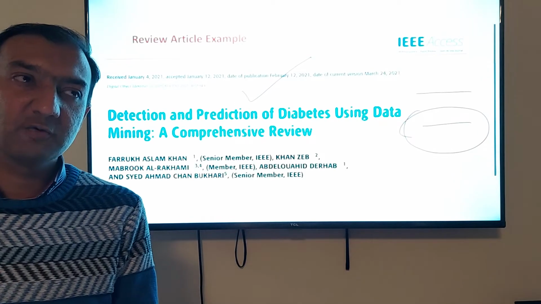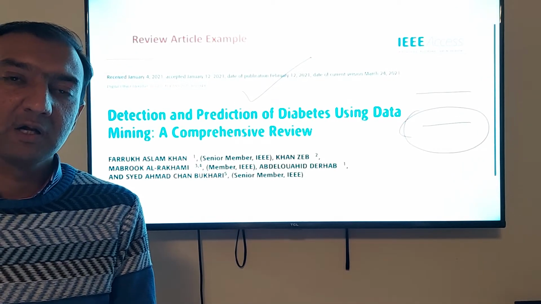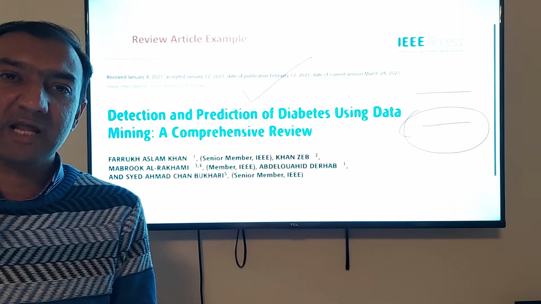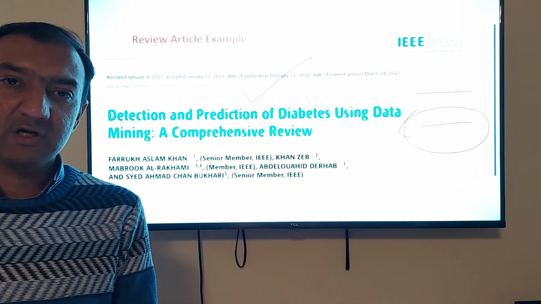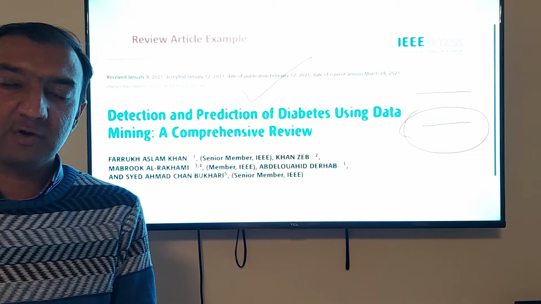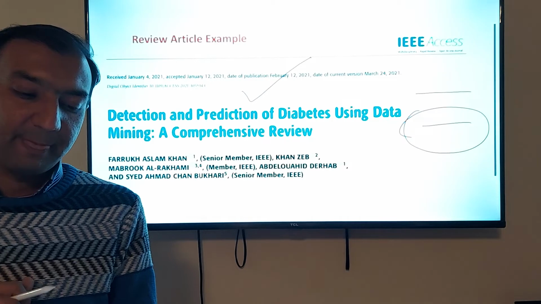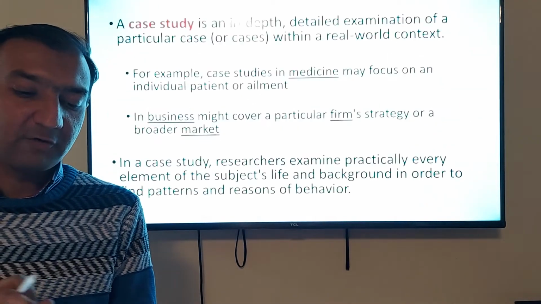Then at the end you will see the discussion part, where we have mentioned the areas which are less explored, where a researcher needs to work. So that is the overview of review papers.